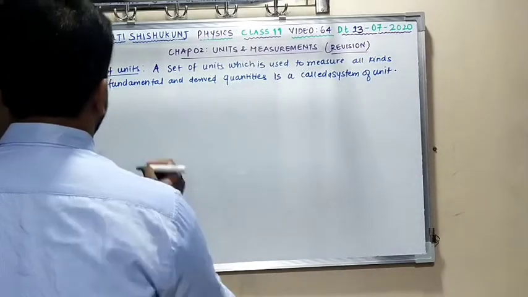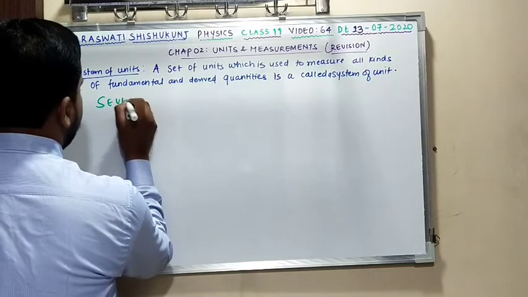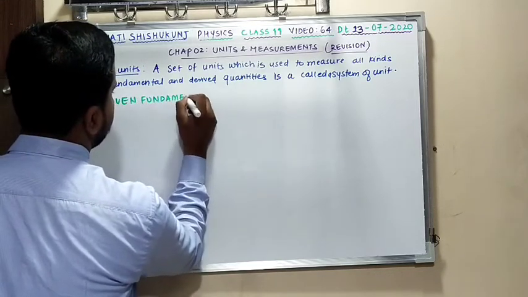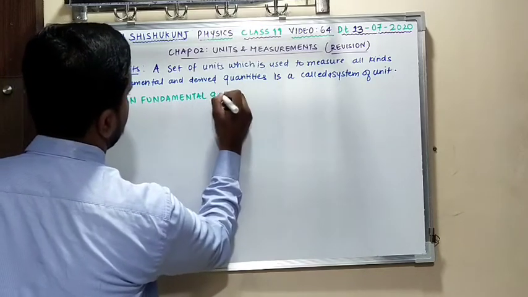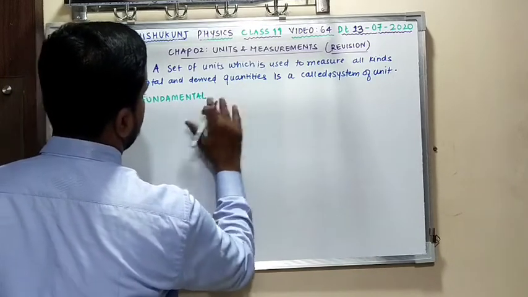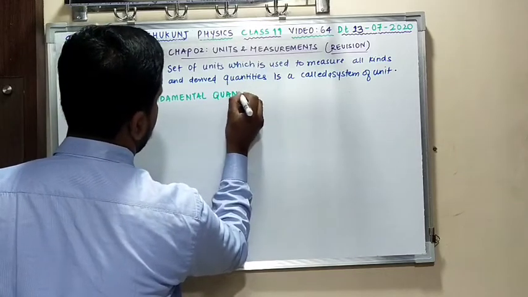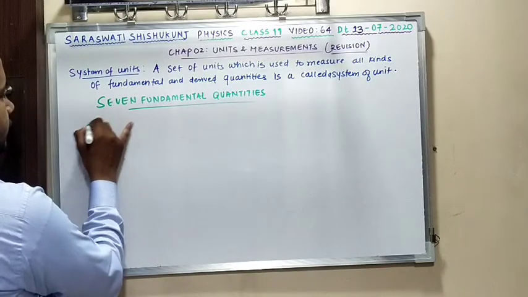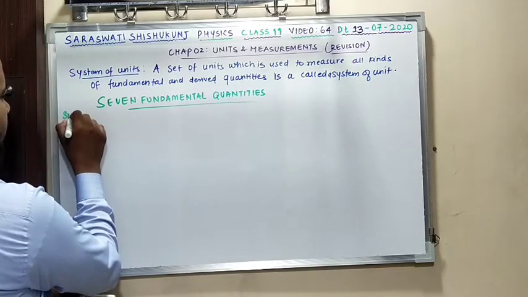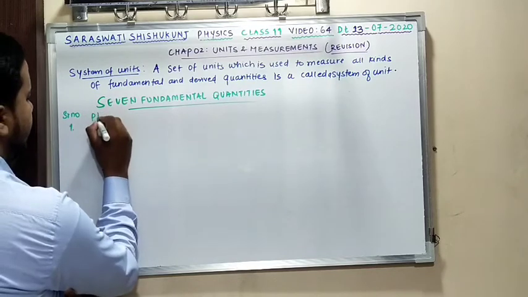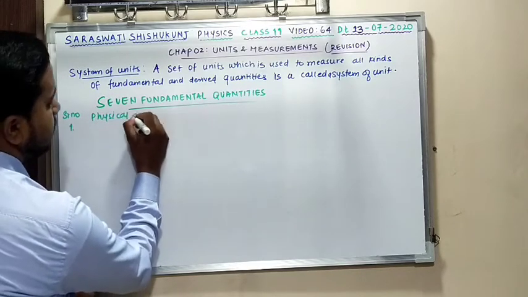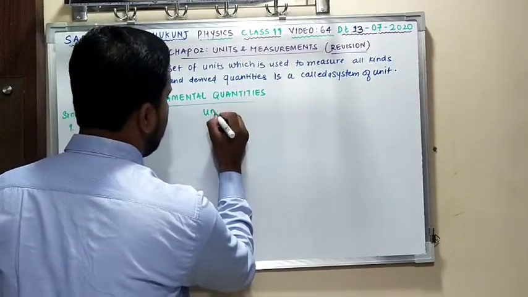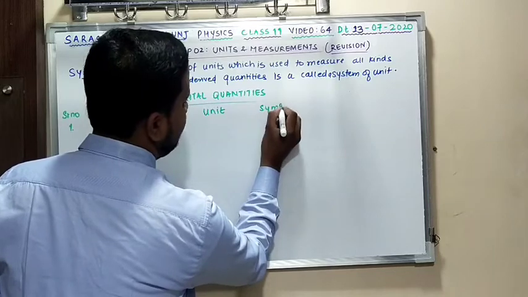So moving ahead, the next topic is the 7 fundamental quantities. Clear? So we are going to discuss the 7 fundamental quantities: serial number, physical quantity, then its unit, and last its symbol.